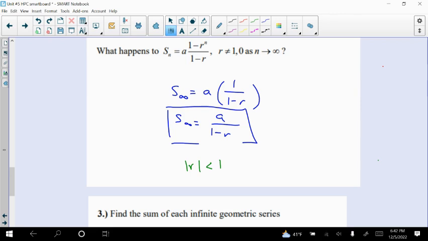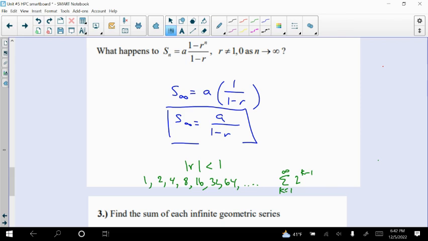If our terms are getting bigger, like if my geometric sequence is 1, 2, 4, 8, 16, 32, 64, that's definitely geometric. I would express it as the sum from k equals 1 to infinity of 2 to the k minus 1. Yes, that's an infinite geometric series. But the problem is, since the ratio is not less than 1, your terms are getting bigger, and we can't possibly add them up.